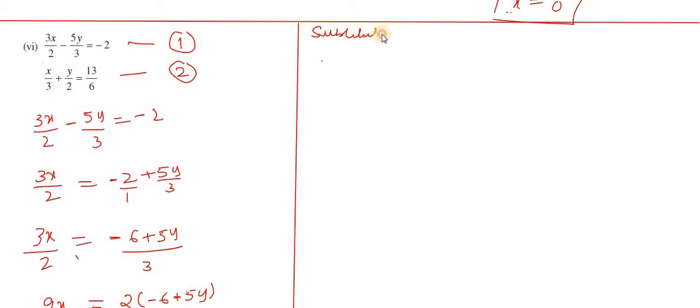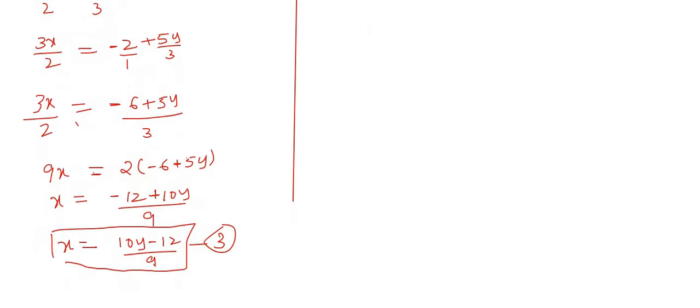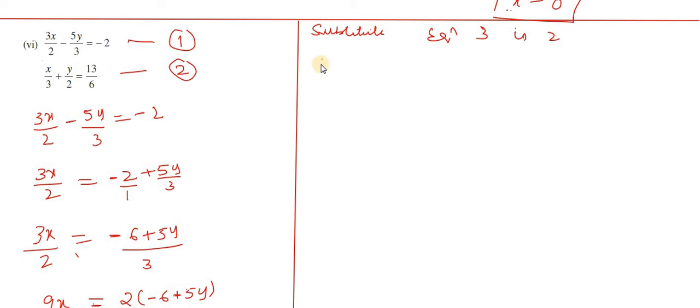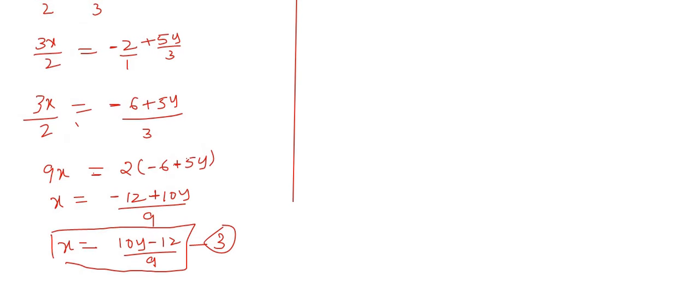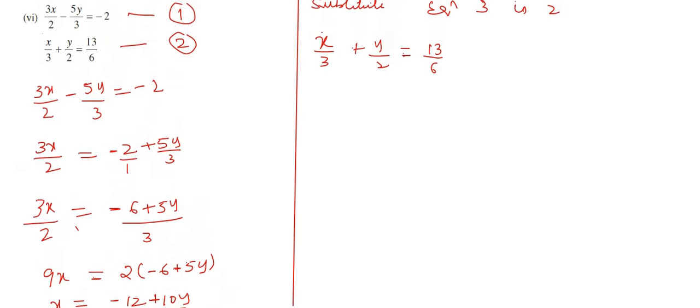Substitute equation 3 in 2. What is equation 2? x by 3 plus y by 2 is equals to 13 by 6. Okay, so now the x value is 10y minus 12 by 9.